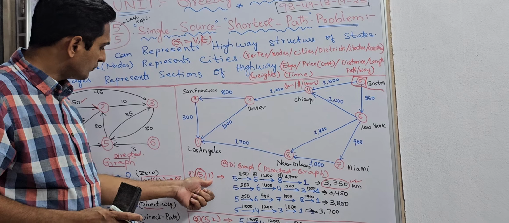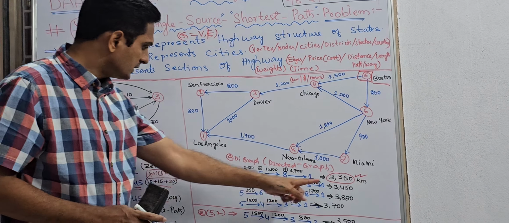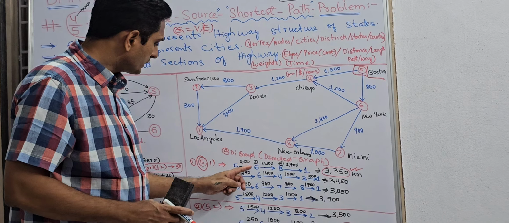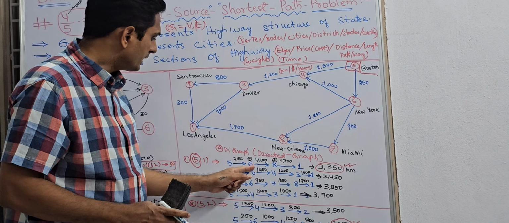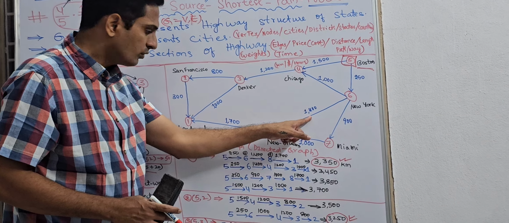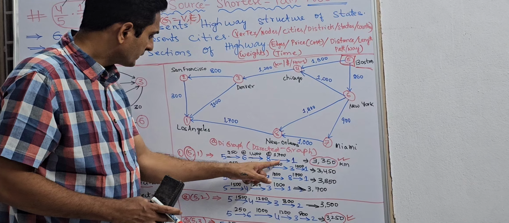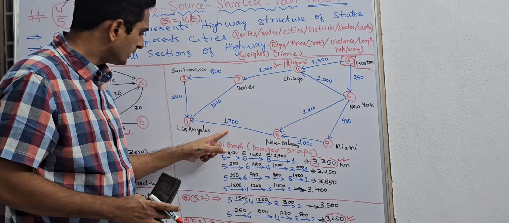For example, 5 to 1. We have this many ways to travel. Out of these, this is the shortest way. 5 to 6, that is 250 kilometers. Again 6 to 8, that is 1400 kilometers. From 8 to 1, that is 1700.